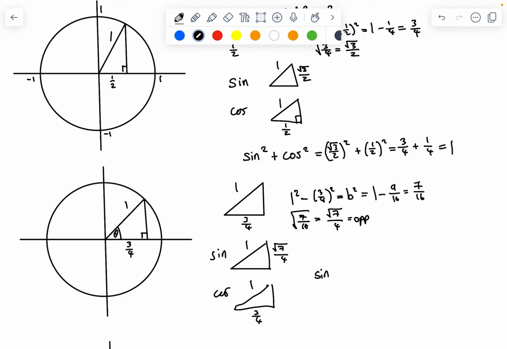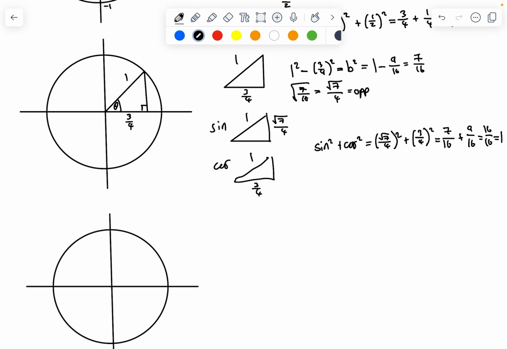So again, sine squared plus cosine squared would be the square root of 7 over 4 all squared plus 3/4 all squared. Well, square root of 7 squared is 7, 4 squared is 16. If I add 3/4 squared, that's 9 over 16. And when I add those together, I get 16 over 16, which is 1.